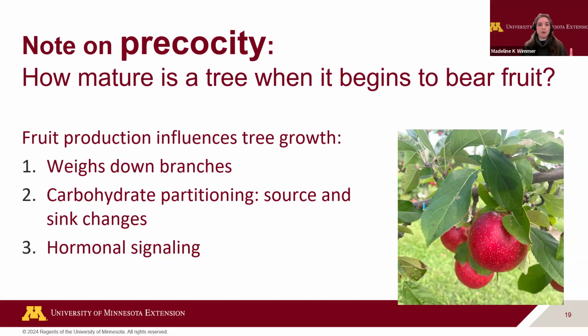So a lot more carbohydrates and energy are going into the fruits, which means it's slowing down the growth of the branches themselves. They also weigh down the branches. So if you have a lot of fruit on a smaller branch, it's going to be bringing that branch down. And then there's going to be some hormonal signaling to the plant as well.